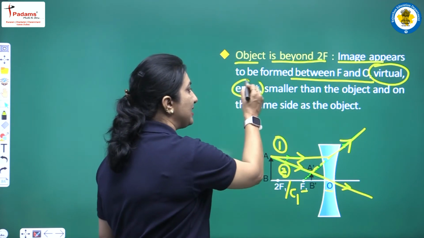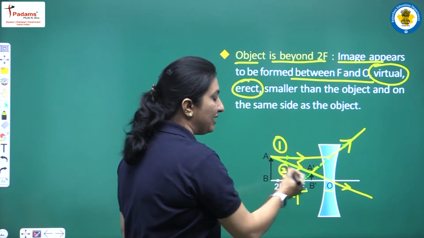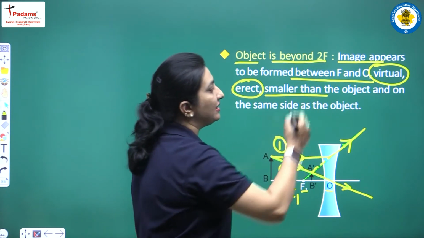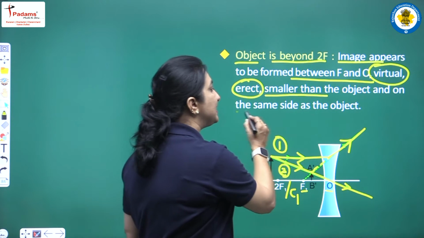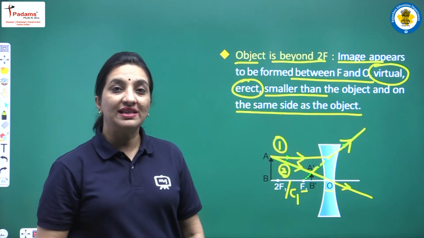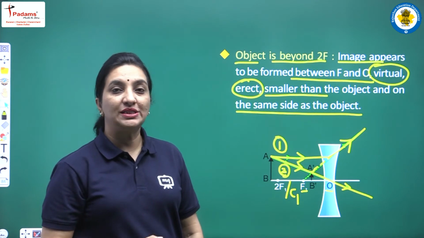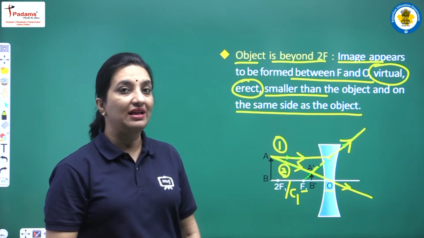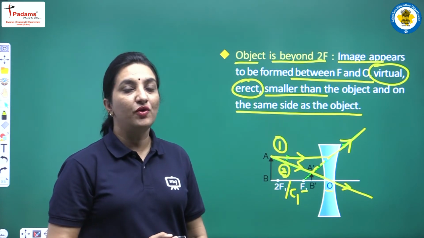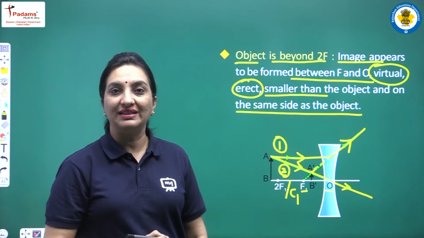It is erect because the object and the image both are upright, and it is smaller than the object and on the same side as the object. So what we see here is that when the object is placed between infinity and 2f1, the image is formed between the principal focus and the optical center of the lens.